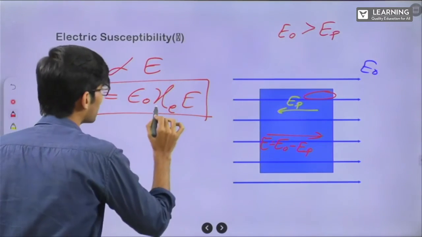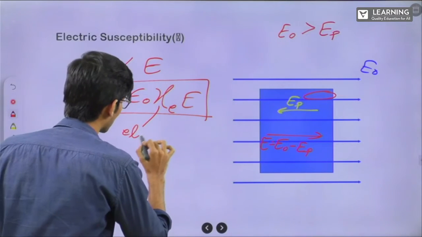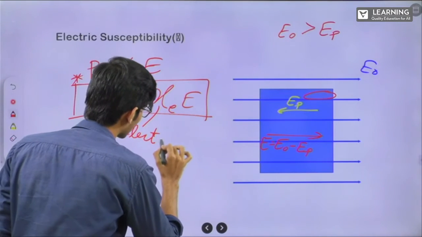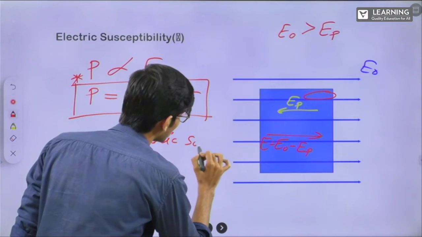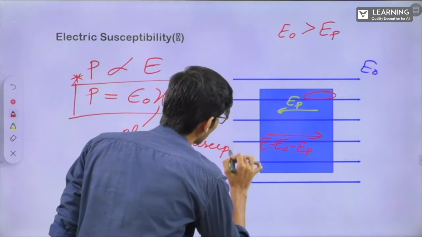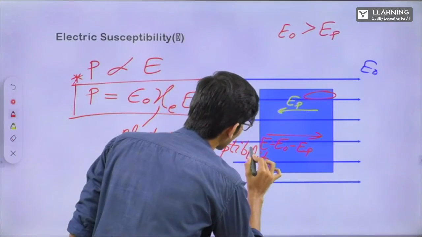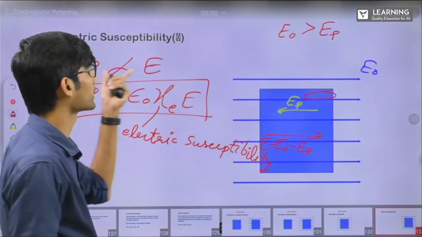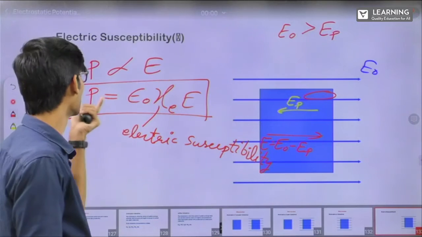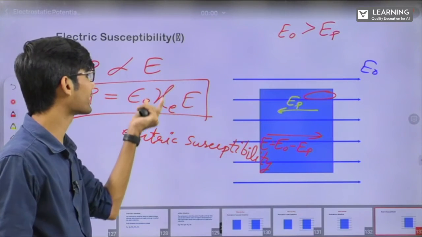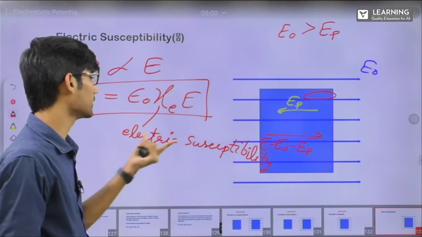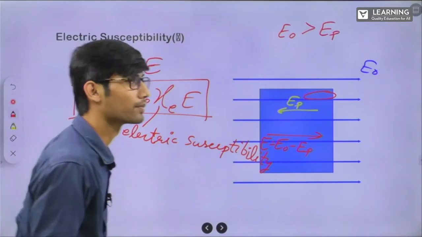What is this? This is electric susceptibility. P is equal to epsilon naught chi into E, and this chi is electric susceptibility.